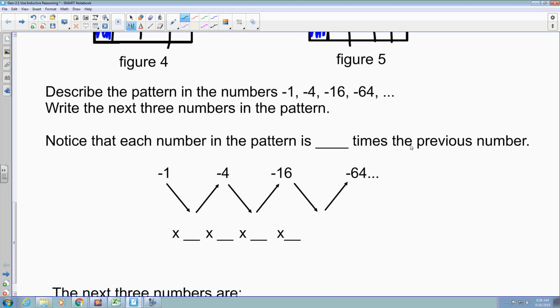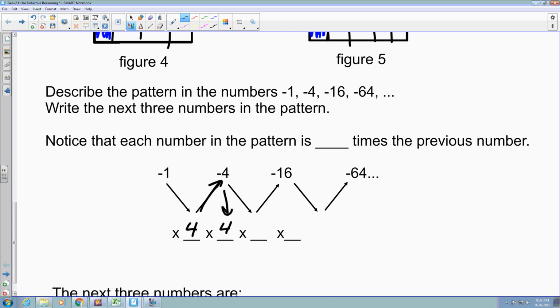So I always look at the very first one. With -1, what do I got to do to make -4? Well, if I took -1 and multiplied it by 4, I would get -4. All right, now I got to see if it works for the other situations. So if I took -4 and multiplied it by 4, would I get -16?